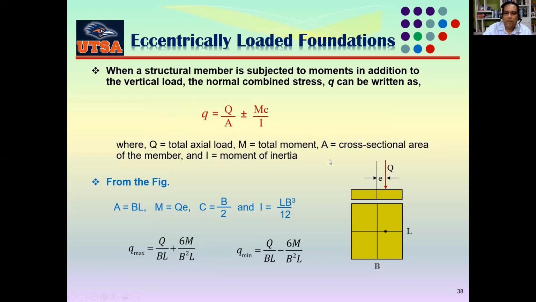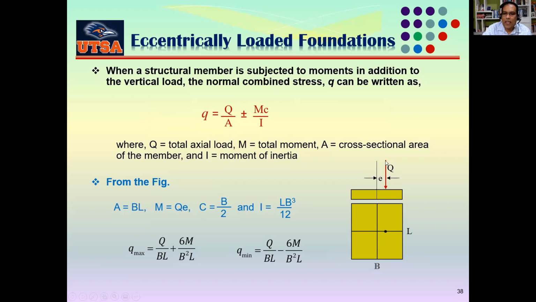First of all, we are here trying to see the one-way eccentricity. You can see that this is your foundation plan, and the center of the foundation is here, but your load is working here. The center of the column is here.